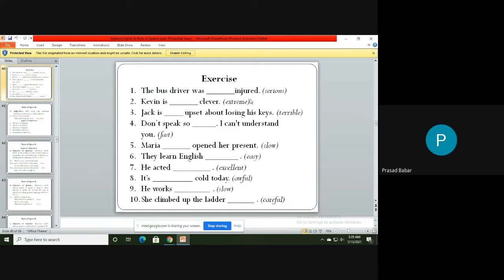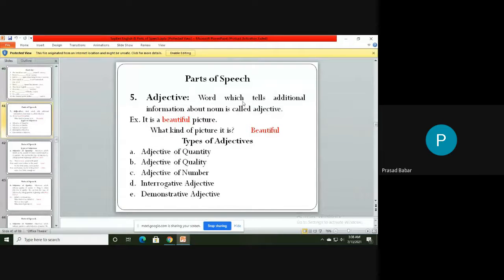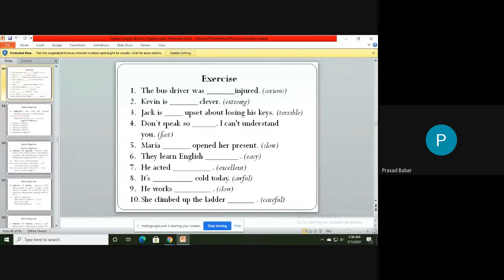So this is the exercise. In this lecture, we have discussed and learned about verbs, their types, and the next part of speech, that is adverb and its types.